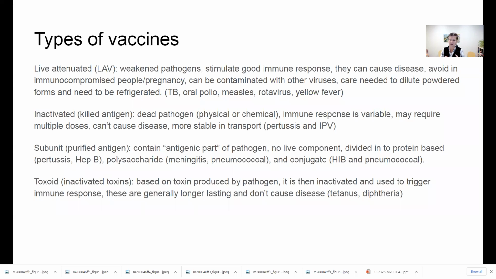So it's our reaction to this toxin. So basically what we're doing is taking an inactivated toxin and then using that to trigger the immune response. These tend to be longer lasting. They don't cause disease either.